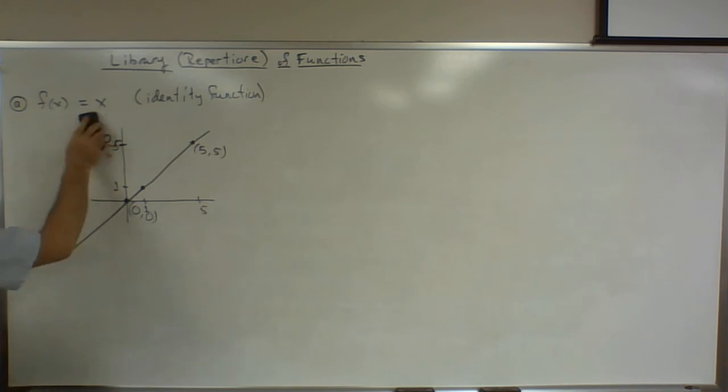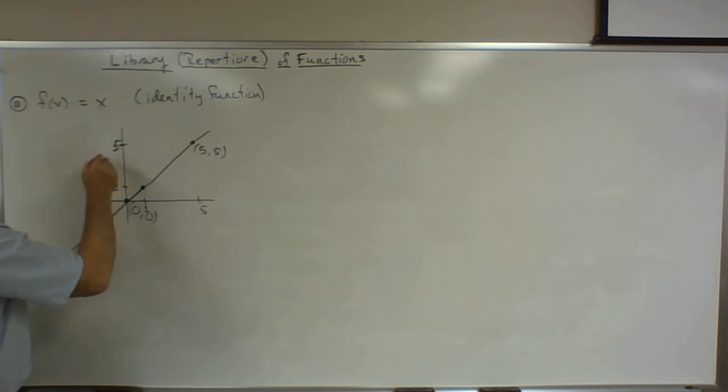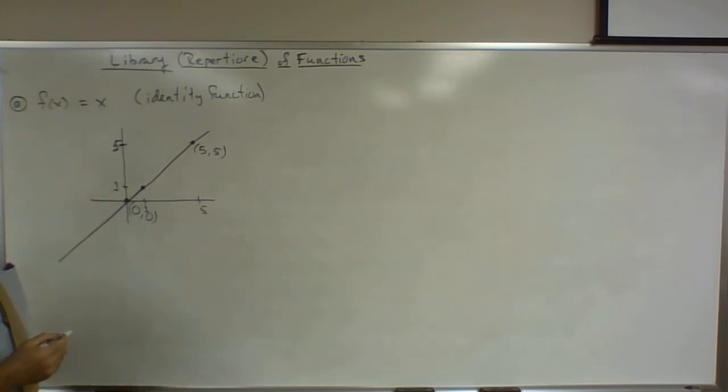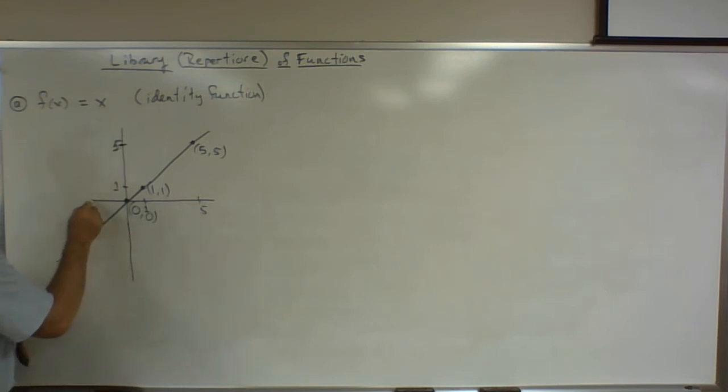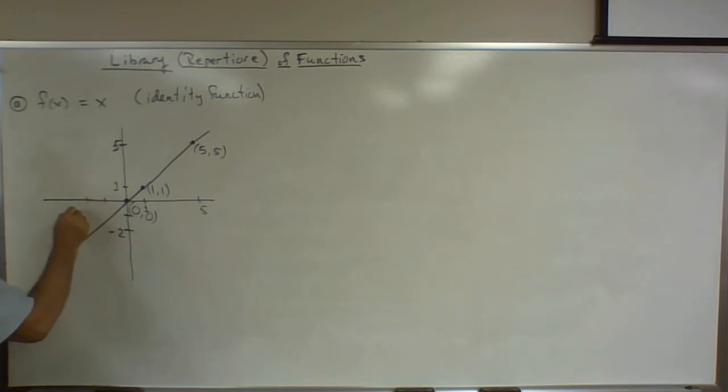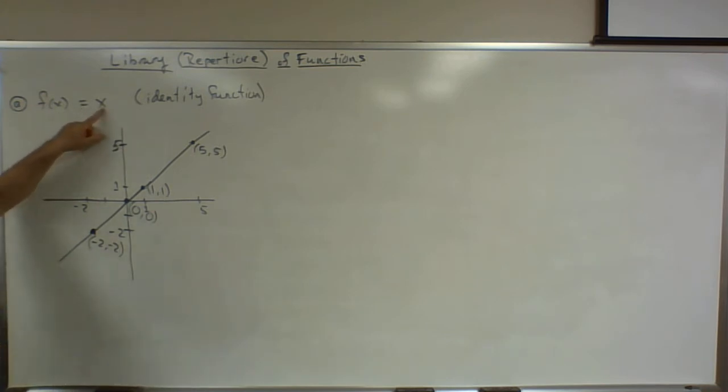So the identity function is the function whose graph is such that the x-coordinate and the y-coordinate of every point on the graph are the same. So the graph of f of x equals x is just a line that goes through the origin and has slope 1.